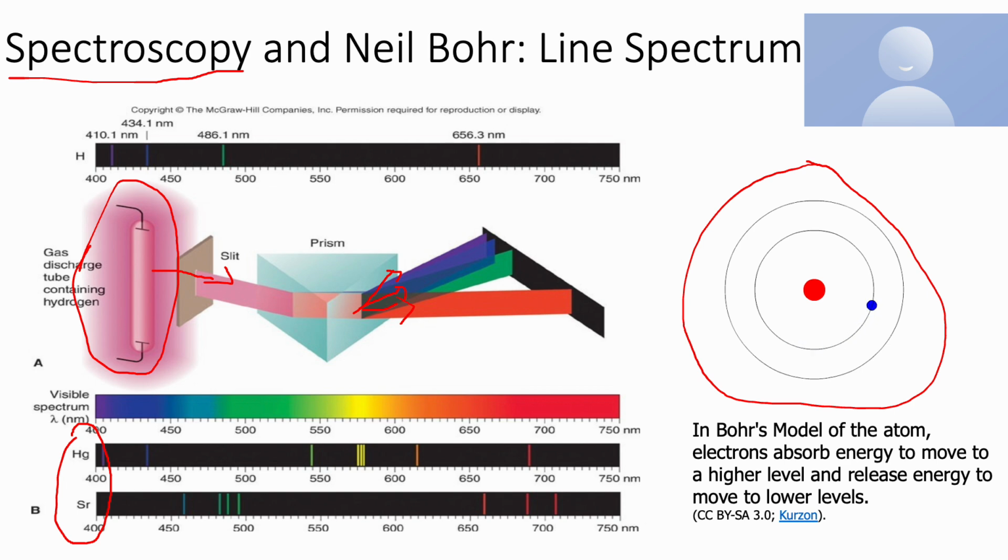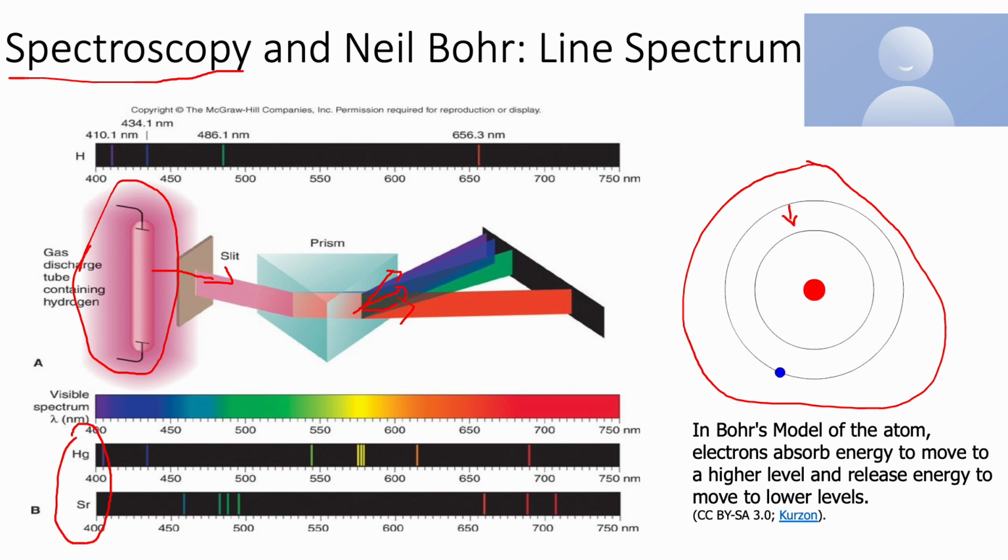When that light is released, that is what we're seeing in these banding patterns: an electron falling from an excited state back down to its ground state. The significance of each of these elements having its own banding pattern is that every single element has a different thing going on with its electrons.